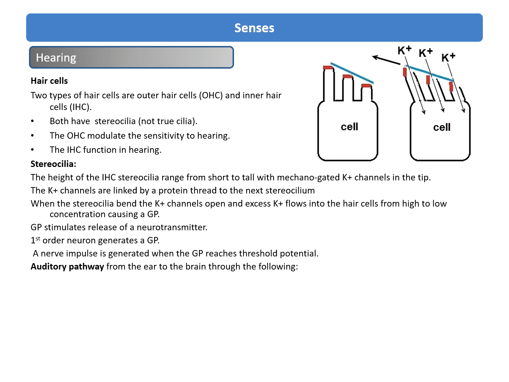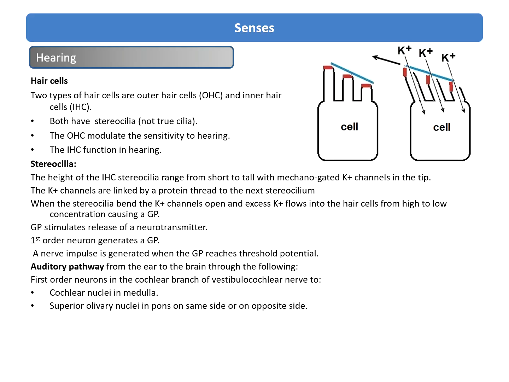The auditory pathway from the ear to the brain involves the following. First-order neurons in the cochlear branch of the vestibulocochlear nerve travel to the cochlear nuclei of the medulla, to the superior olivary nuclei in the pons, either on the same side or the opposite side.